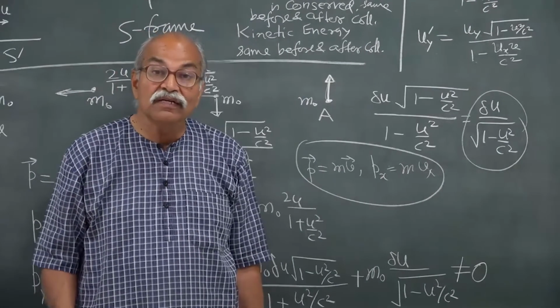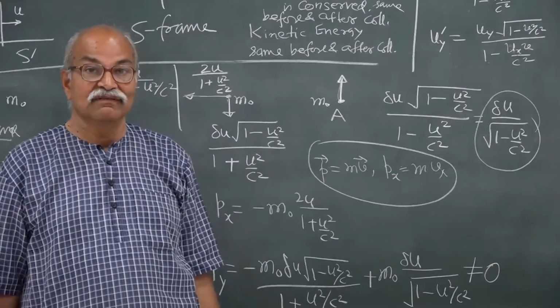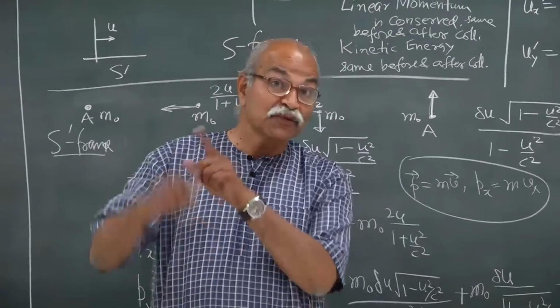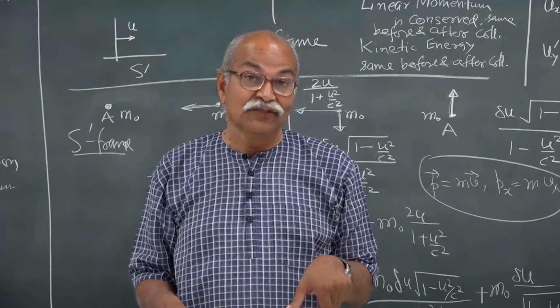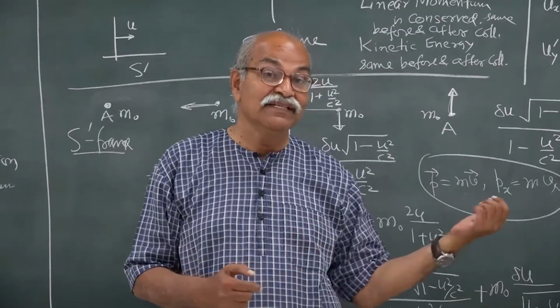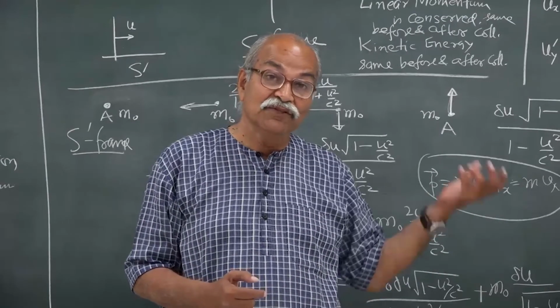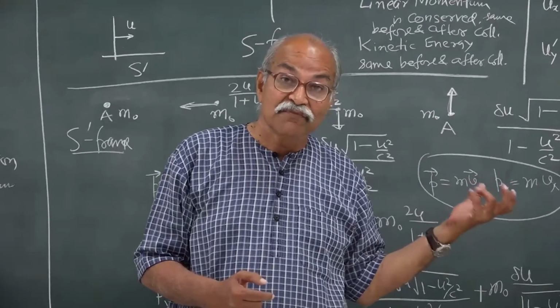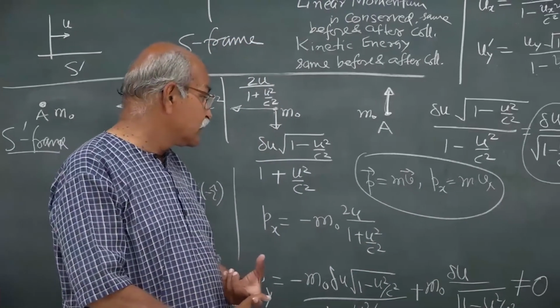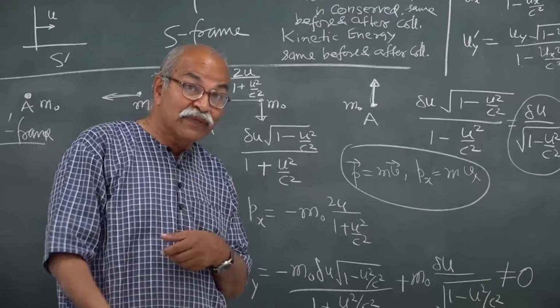So if we define linear momentum in this fashion, it is not conserved in the two frames, and this linear momentum conservation principle comes from Newton's law, remember. So Newton's law is not valid here if u is not very small as compared to c. That is the thing which forces us to redefine linear momentum.